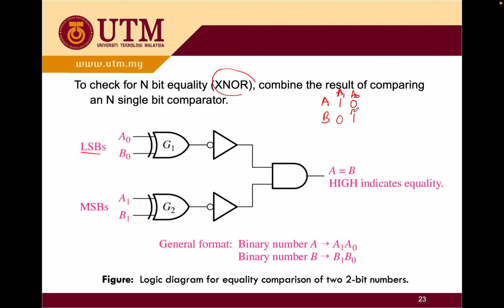This will be your B0, this will be your B1. You can see it is not similar. Not similar, you will get 1, supposedly, but then you have a NOT here, so you're going to get a 0 there.